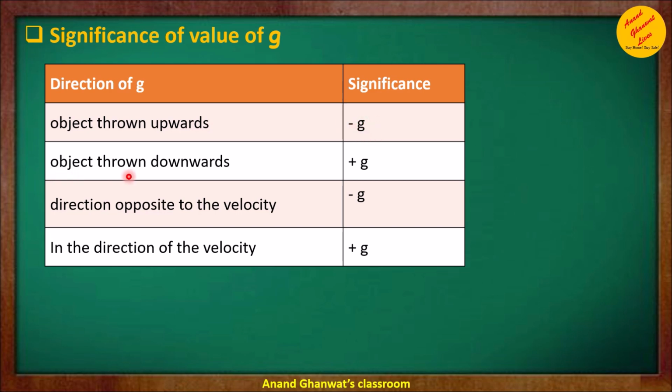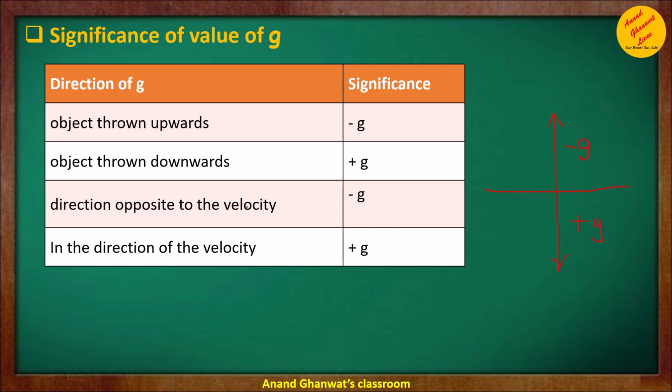When an object is thrown downward, it is in the direction of the acceleration due to gravity, therefore the value of g is taken as positive.